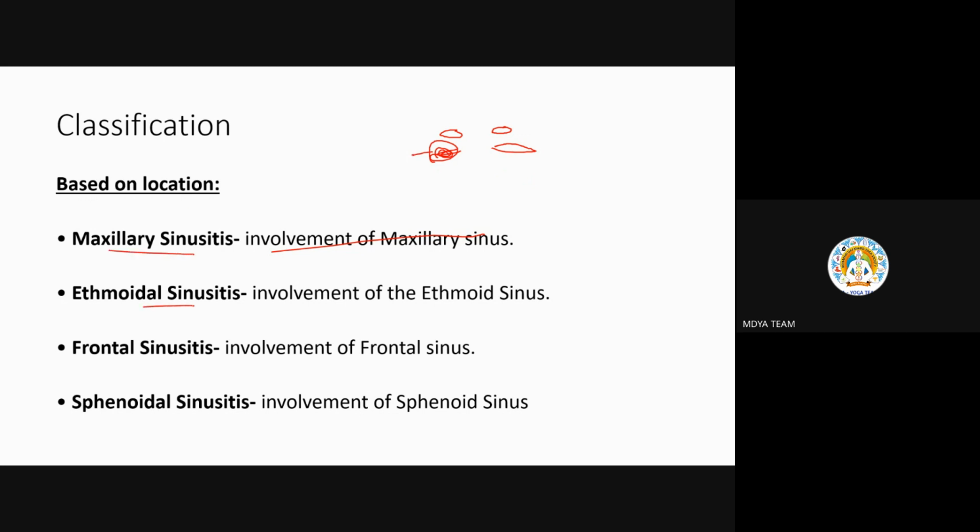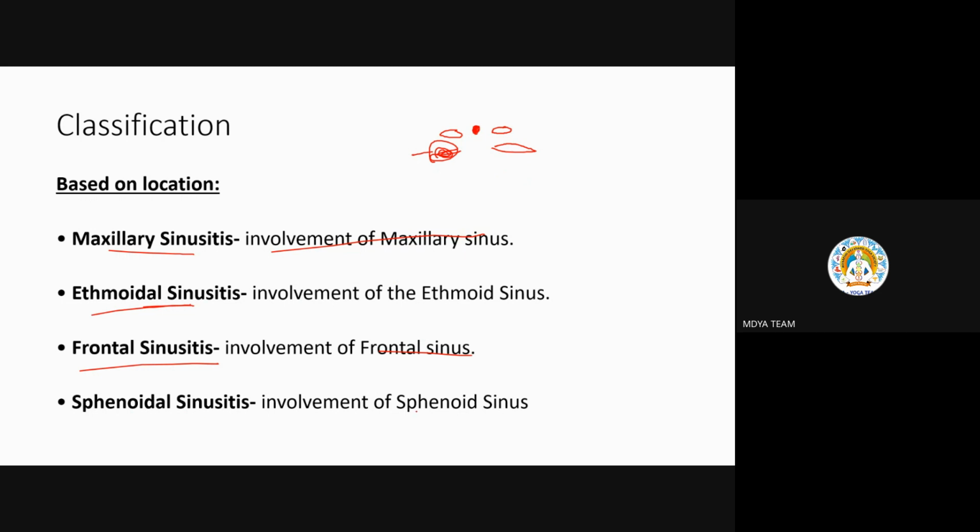When the ethmoidal sinuses in between the eyes are involved, meaning inflammation of the ethmoidal sinus is happening, it is called ethmoidal sinusitis. If swelling or inflammation of the frontal sinuses is happening, it is called frontal sinusitis.